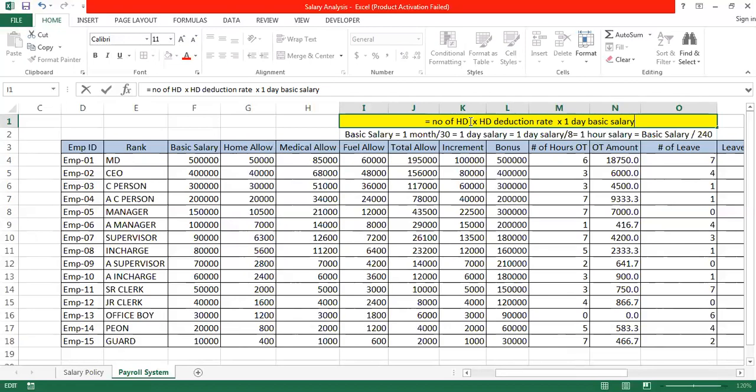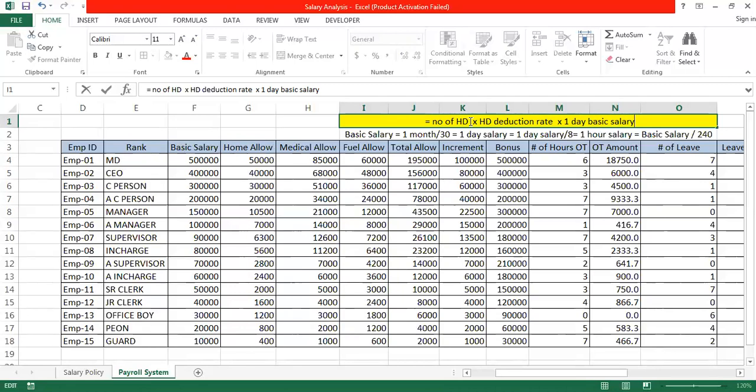But if one half day is allowed, so if one half day has been performed, there will be no deduction. On 2 half days there will be one day deduction. On 3 half days again 1 day deduction, and every 2 half days will give 1 day basic salary deduction.